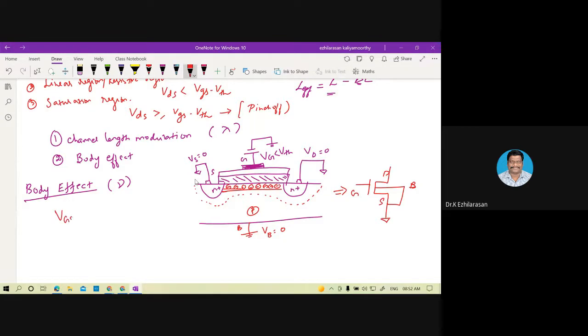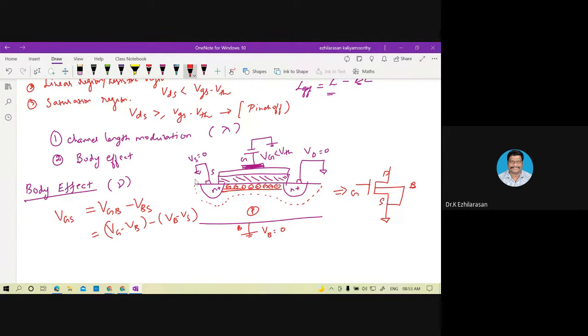VGS will be equal to VGB minus VBS actually. As you know, VGB is nothing but the potential difference between the gate and the bulk, and VBS is the potential difference between the bulk and the source.